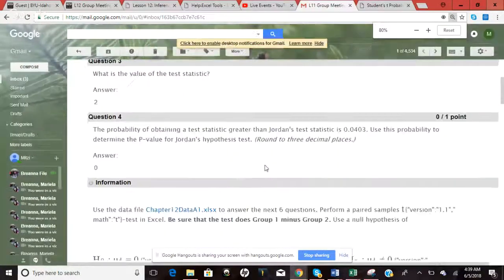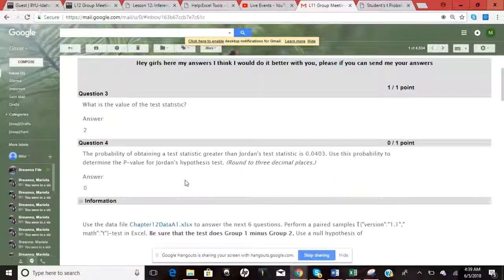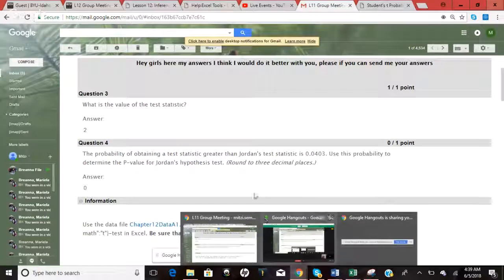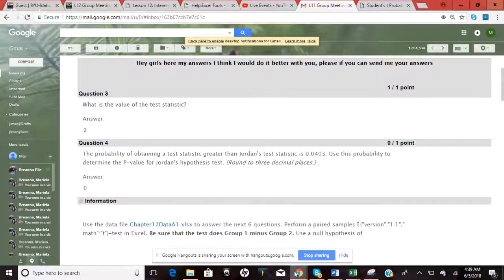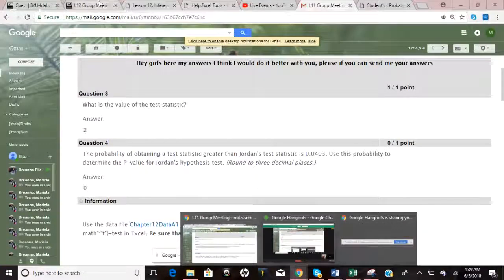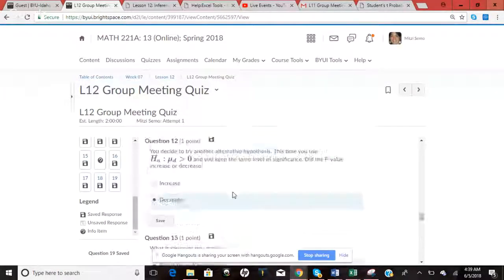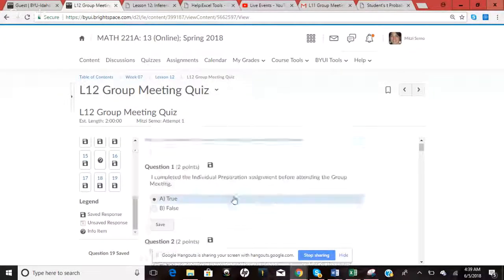Yeah, you got it open. Okay, we have the 2, and then she put 0 for the second one, but we didn't have 0. We had that 0.086, right? Yeah, 0.081 or eight something. But she got it wrong. Yeah, she got it wrong. 0.081. Let me make sure. Yeah, you have it too.